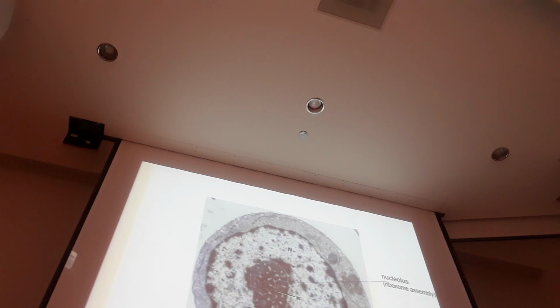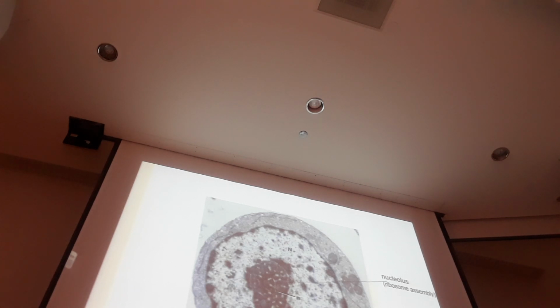The lighter areas have been called euchromatin, eu for true. These are believed to be areas where transcription is going on, so they're genetically expressed, while heterochromatin are the denser areas, where we probably do not have a lot of transcription going on.